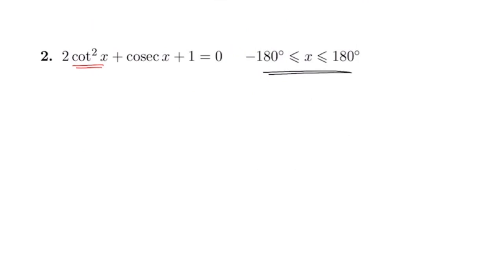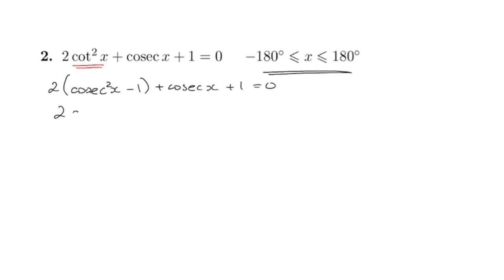I want to keep the cosec. And of course, cot squared x is cosec squared x minus 1. So again, if I swap it in, I get 2 lots of cosec squared minus 1 plus cosec x plus 1 equals 0.